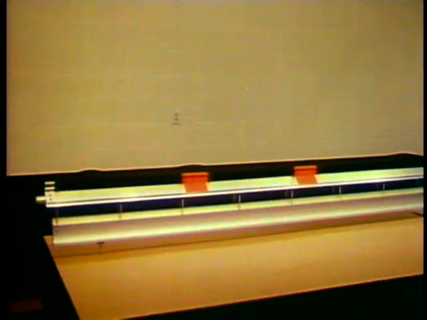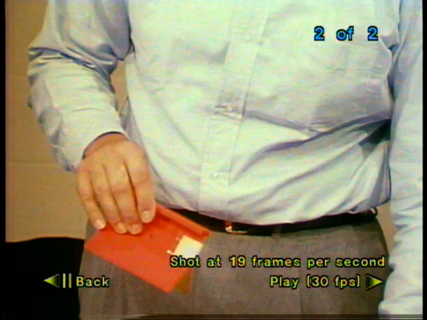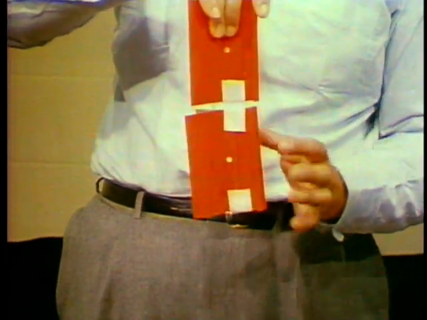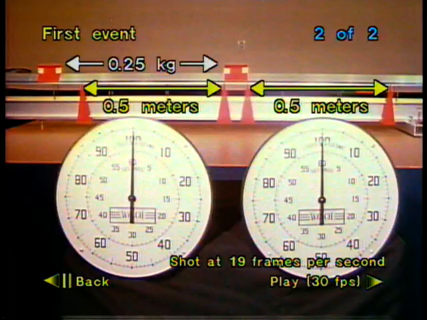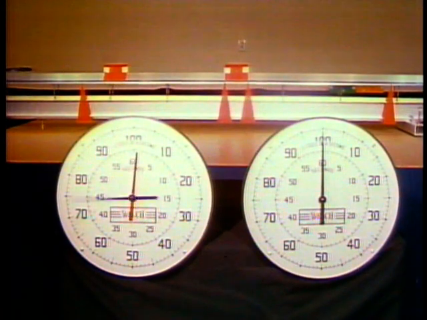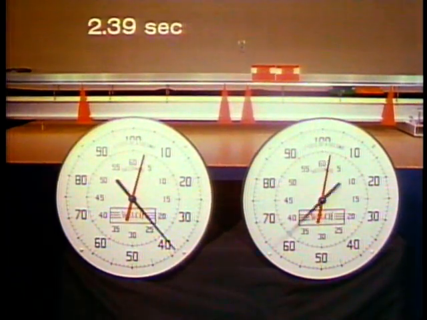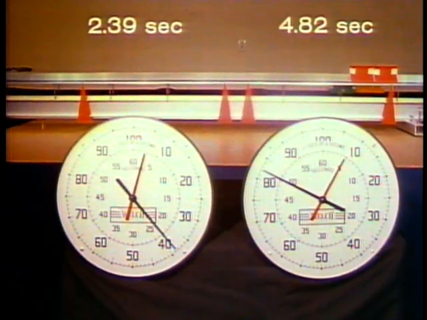This is an air track. Velcro will hold the two carts together. When the mass of the moving object doubled, the velocity became half as much.